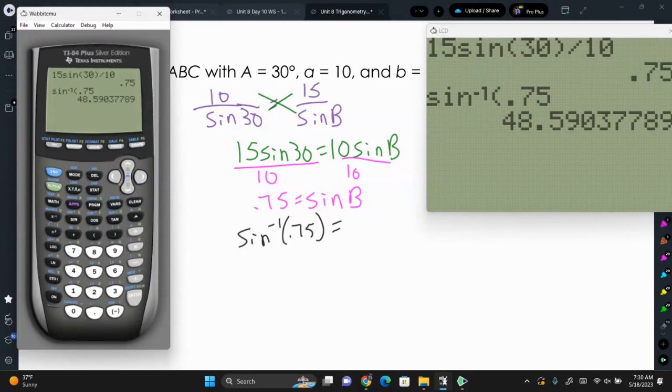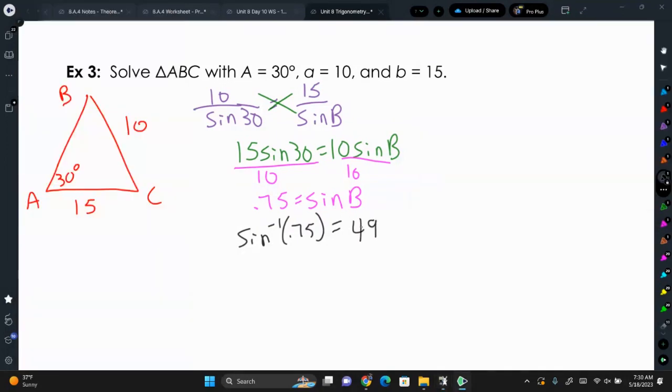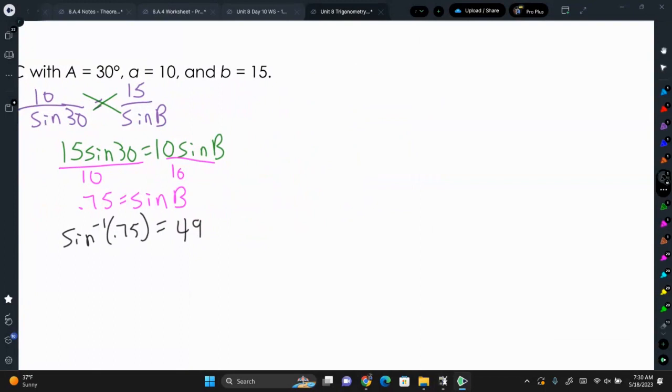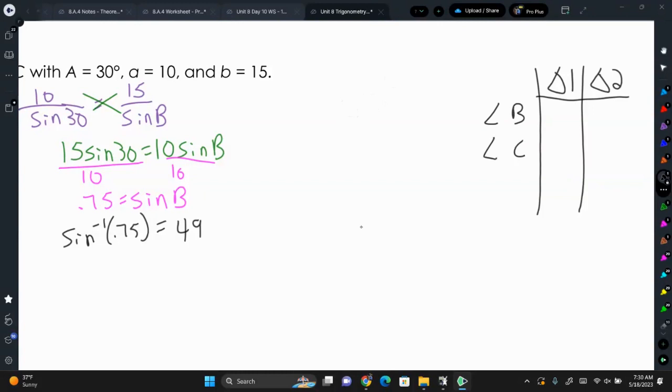So we're going to round up to 49 degrees. Okay, so now I'm going to go over here and make that table for our two triangles. So you have triangle 1, triangle 2, and the information we are figuring out is angle B, angle C, and side C.